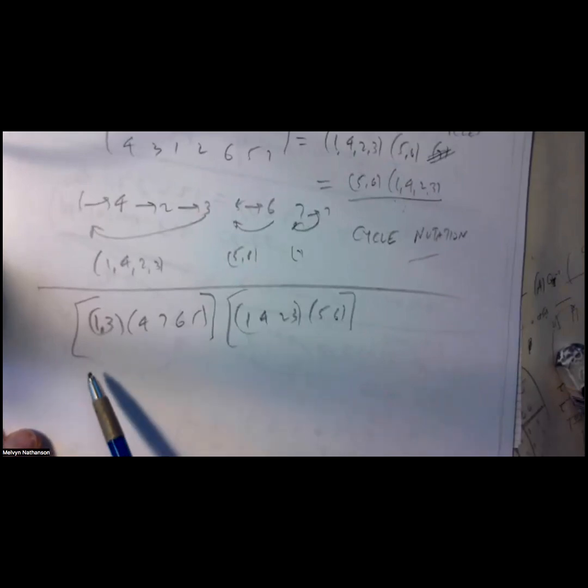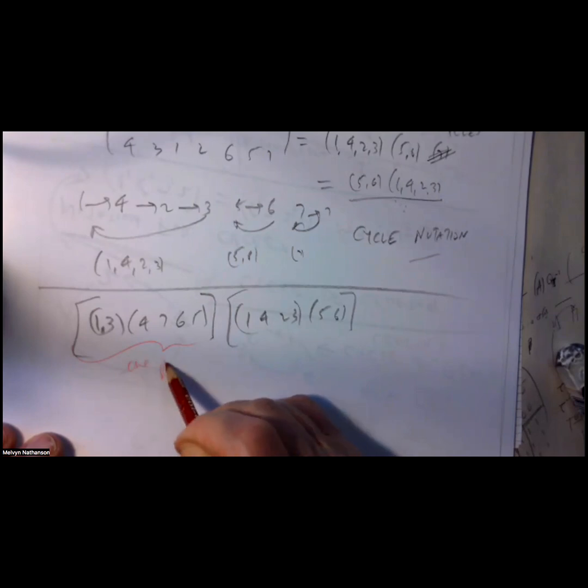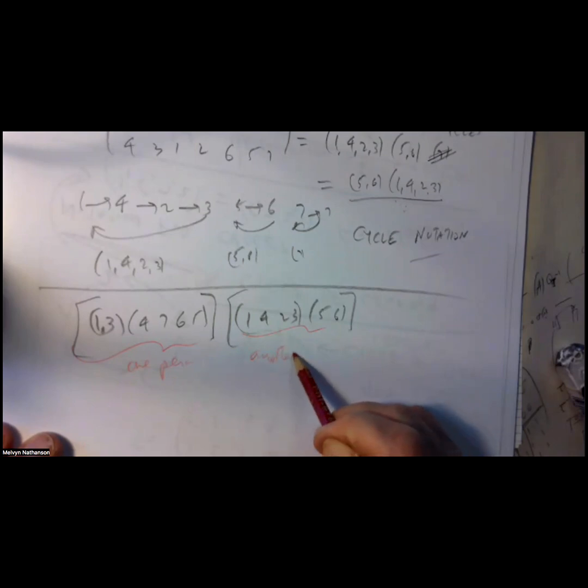So let's stop the share. Here I wrote down those two permutations. This is one permutation, and this is another permutation. These are two disjoint cycles that make up one permutation. These are two disjoint cycles that make up a second permutation.